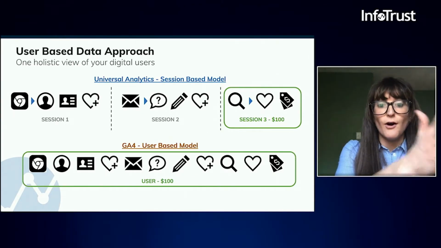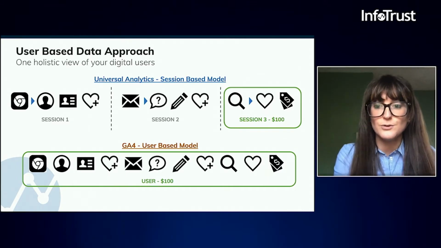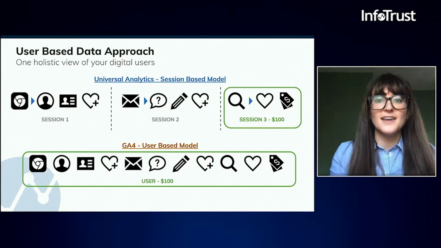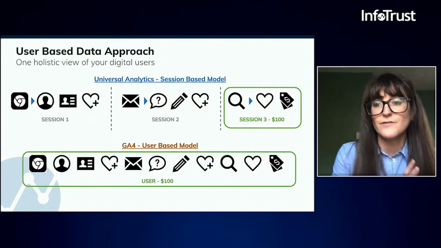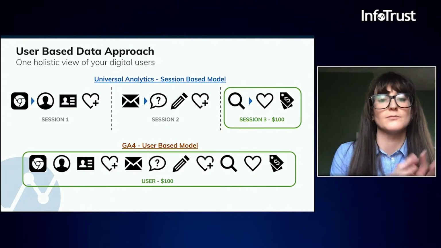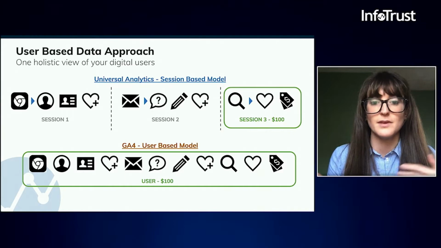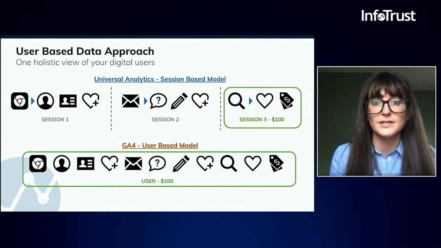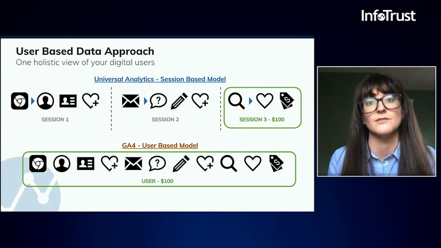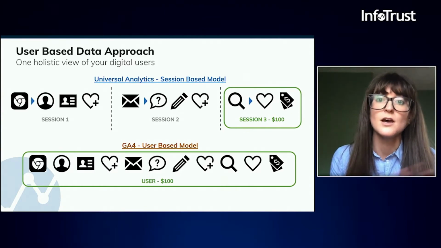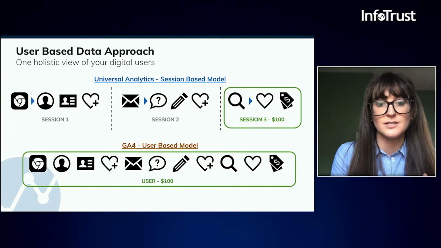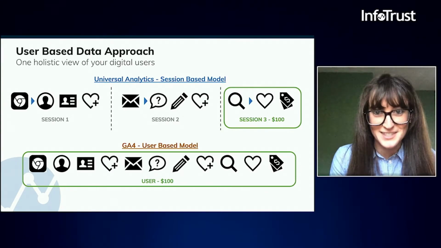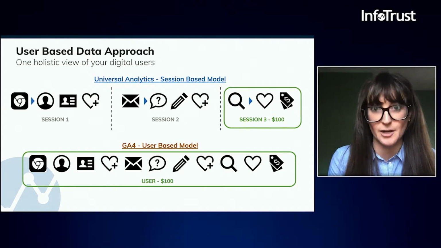So you can look at all of these actions that the user took, but together all of these different things that the user did, like favoriting an item, creating an account, all of the different marketing channels they came in from, they lead to a holistic understanding of now that user has given you $100 in value, and all of those touch points really matter in this equation. So for retailers, this is a really big shift, but it's also a very exciting one.